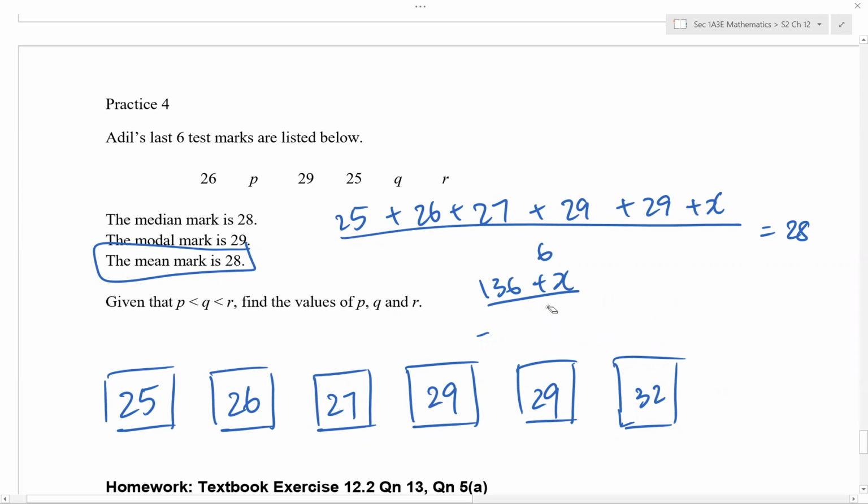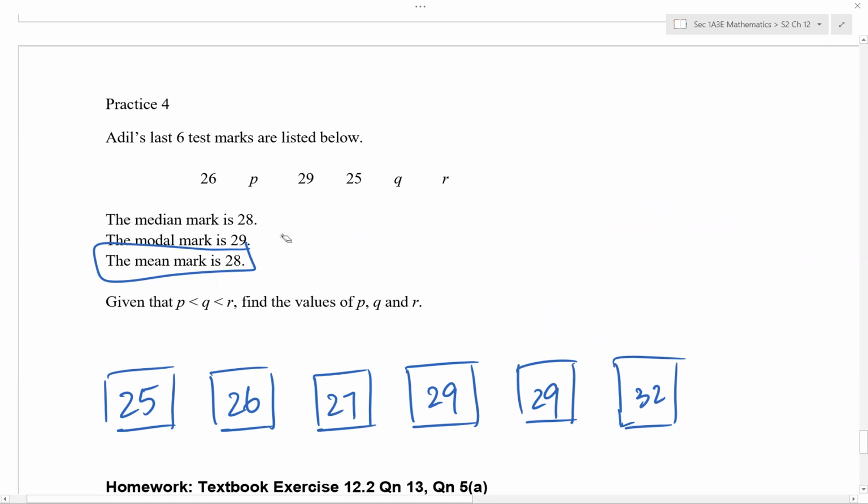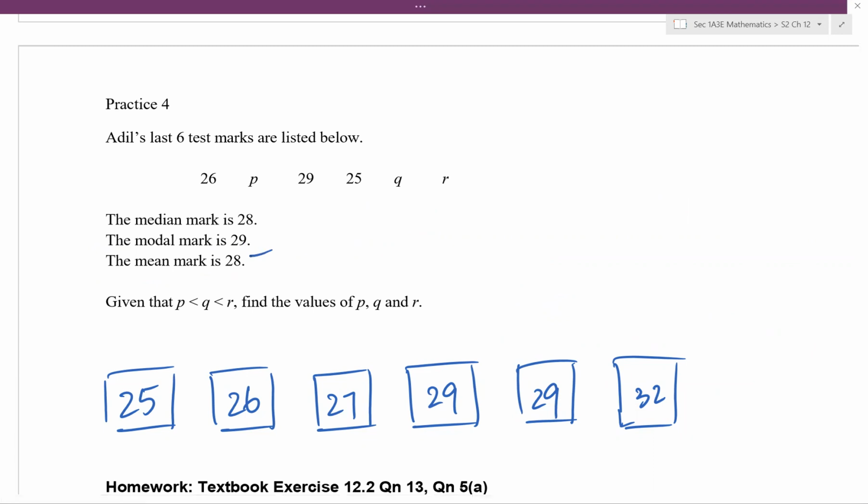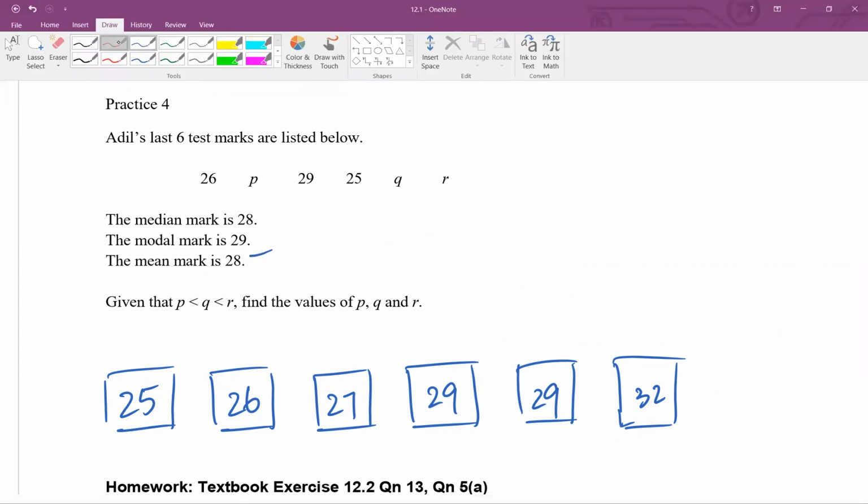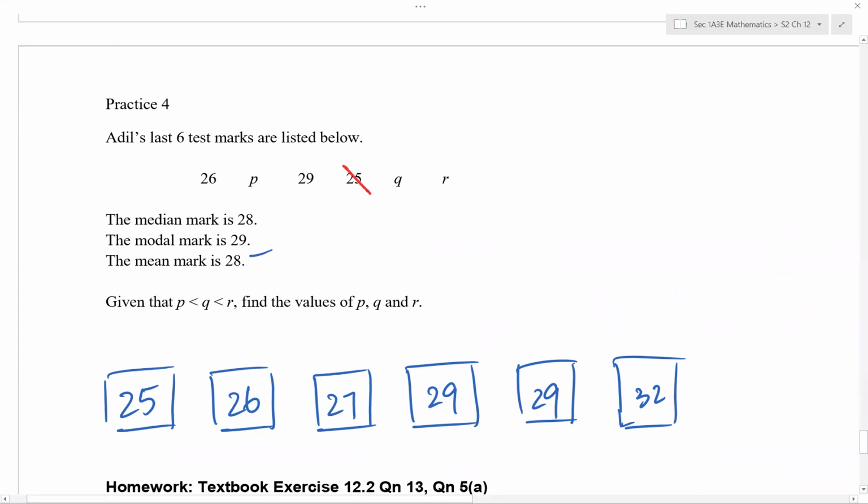So going back to our list of provided values, we've got in the list 25. We've got 26 in our list. We do not have 27, so that is one of the unknowns. We've got 29. So either one of these 29 is cancelled, it doesn't matter.